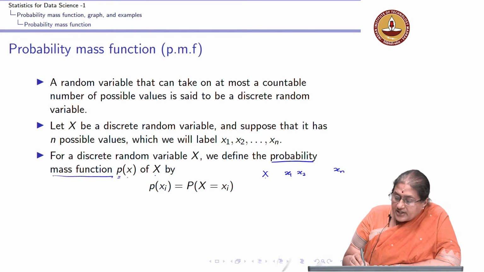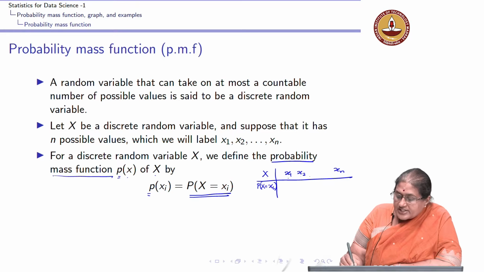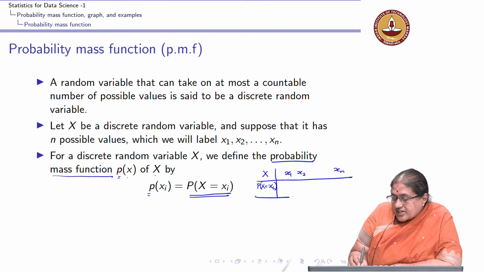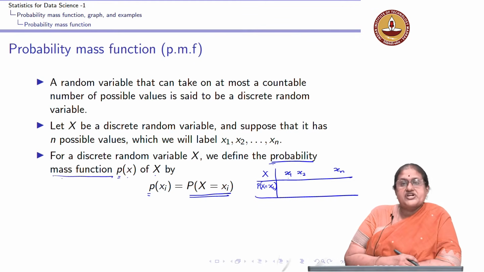Associated with every value X takes, there is a probability associated with it. So, I have the probability of X taking the value x1, the probability of X taking the value x2, and of X taking the value xn. This function, the probability of X equal to xi for each of these values, is referred to as the probability mass function of the random variable.